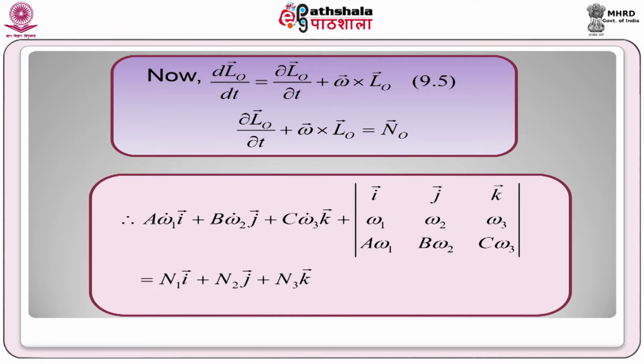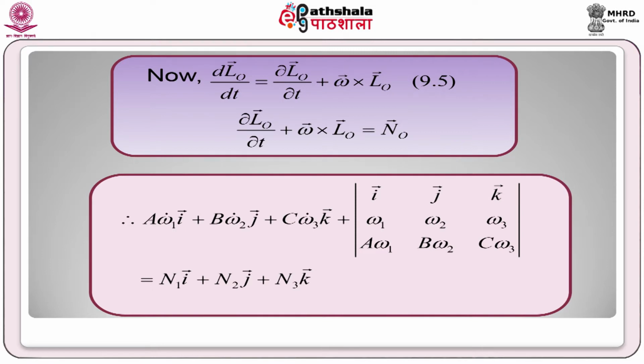We get these three terms from del del t operated on L_O vector, where L_O vector is the angular momentum vector. Omega 1 is the angular velocity along the x axis, omega 2 component of angular velocity along y axis, omega 3 component of angular velocity along z axis.